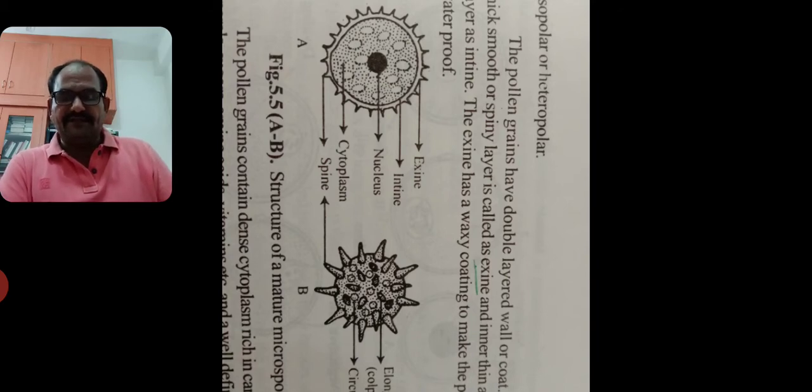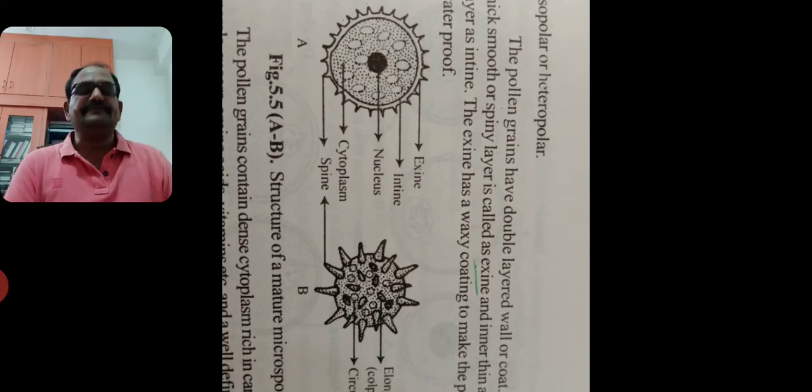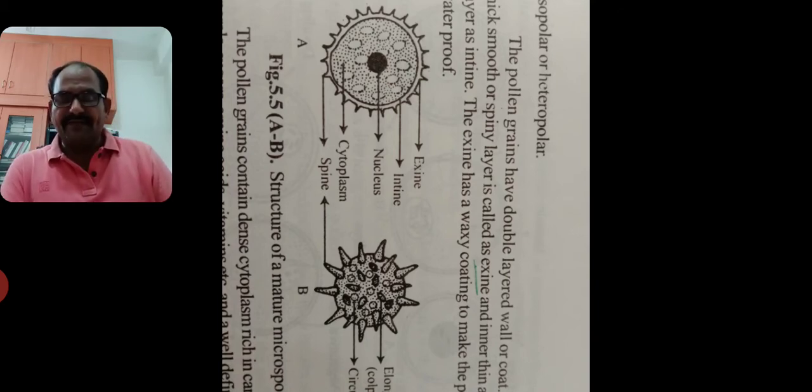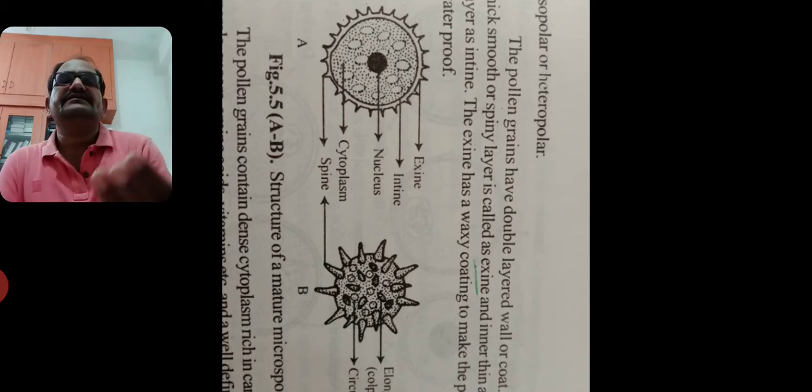In the aperture regions the characteristic shape of the pollen grain comes, and the exine may be completely warty, according to Altman in 1952. Warty means rough, like the skin of a frog.